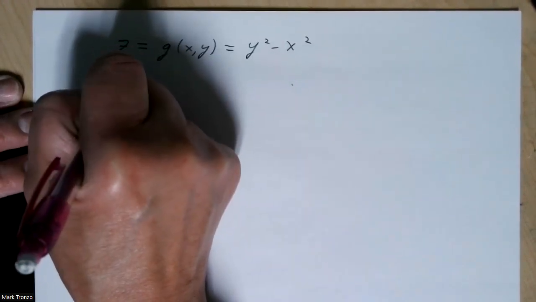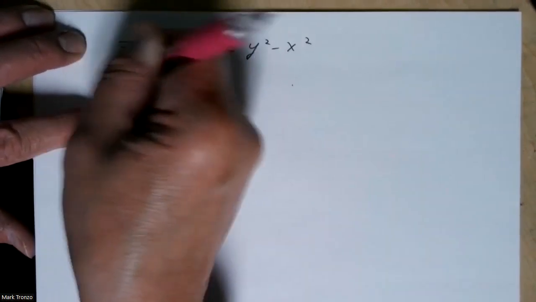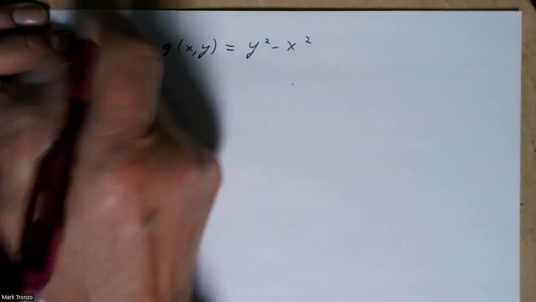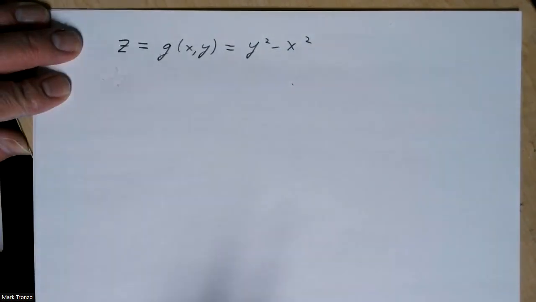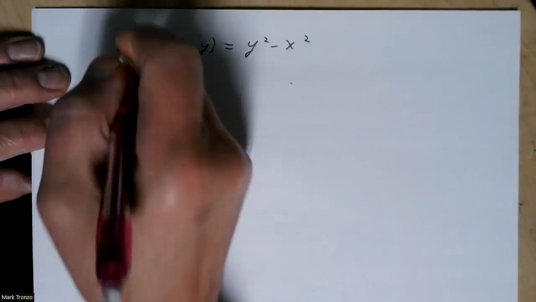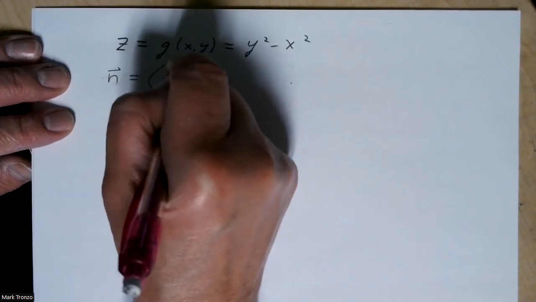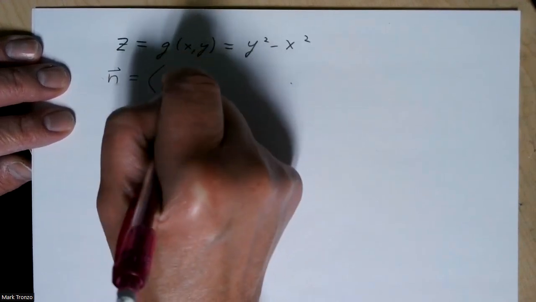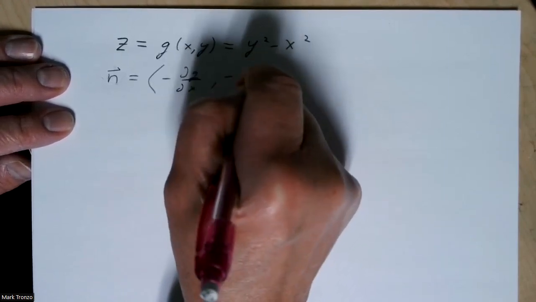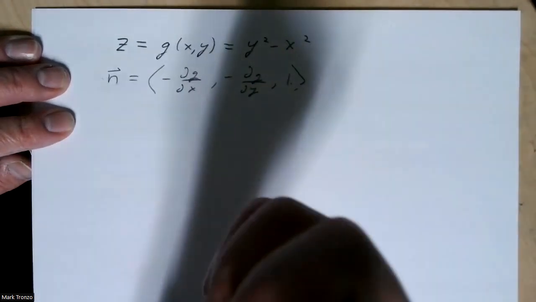And then we're going to need to find the normal. And remember, whenever you have the surface in this form, the normal vector to the surface is going to be negative dg/dx, negative dg/dy, and 1.